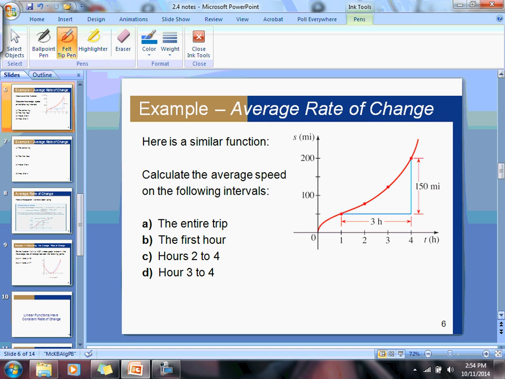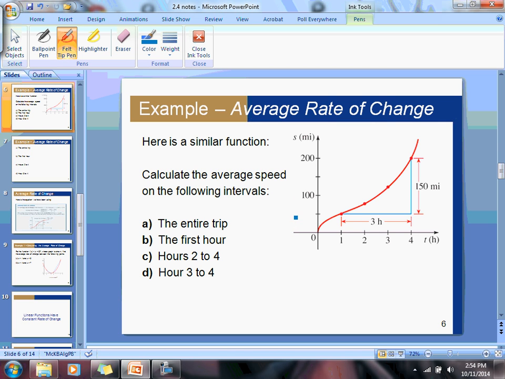This is a graph that's similar to what we were just talking about. They want us to calculate the average speed for the following intervals. If we look at our graph first, across the bottom we have our time, from 0 hours to 4 hours.